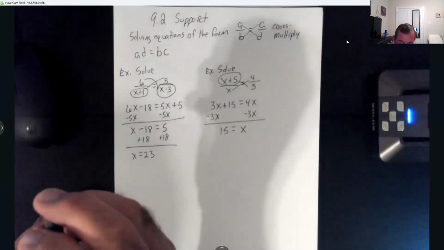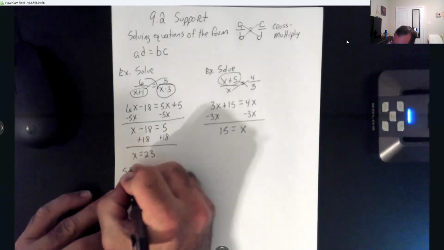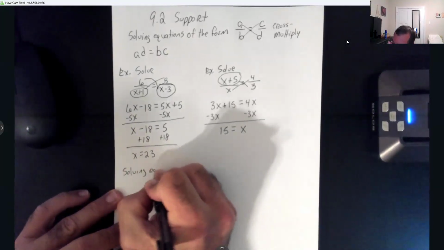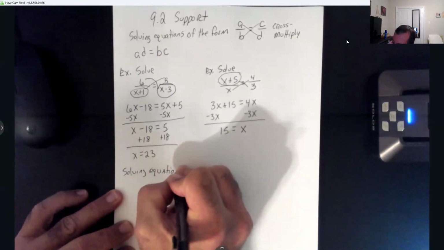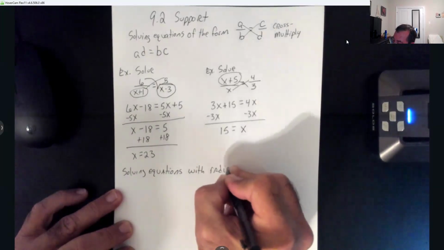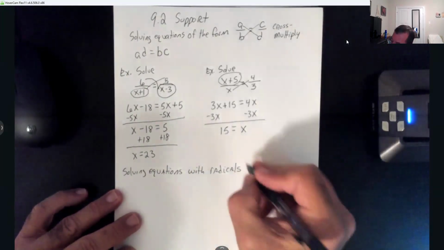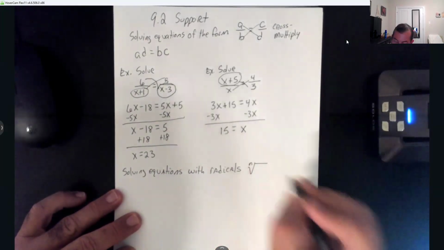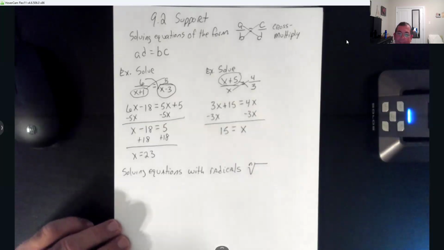What about solving equations with radicals? So I'm talking about stuff like this, square root of n stuff, okay?